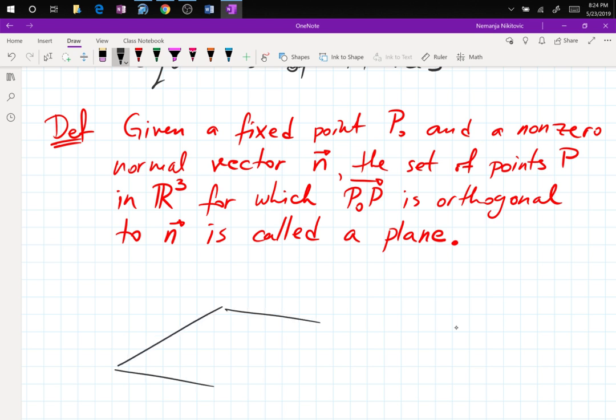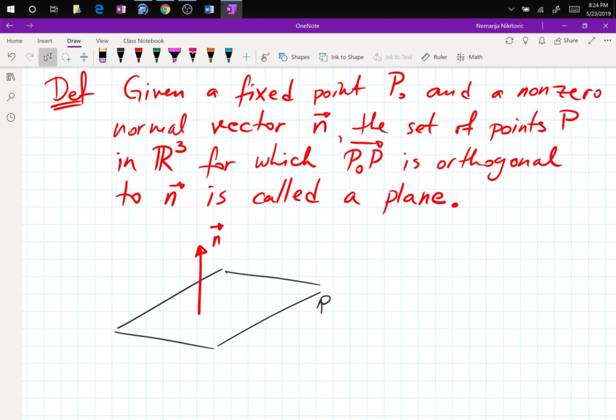Okay, so this begs for a terrible picture. Here I have a vector n and a plane, lowercase p. And this is where point P0 is, which has coordinates x0, y0, z0.